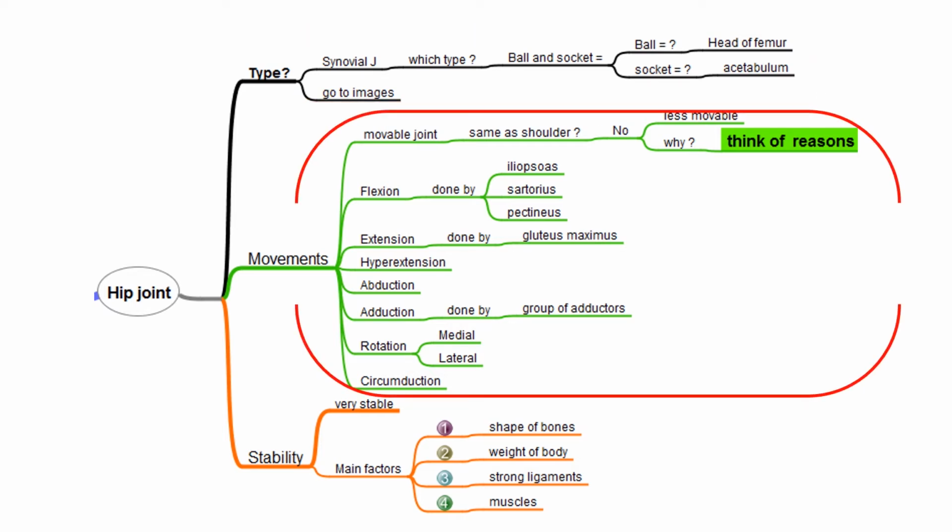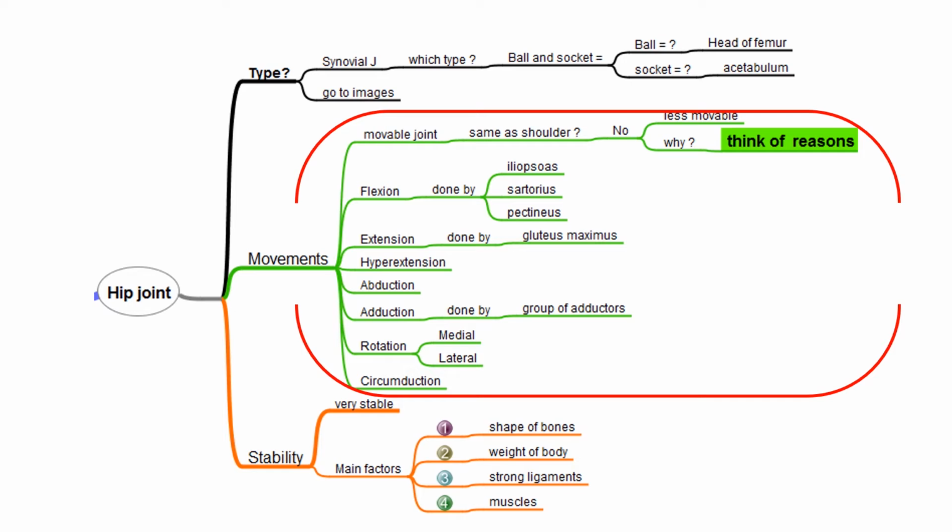The next idea is movements. As we can see, the hip joint has lots of movements because it is a ball and socket joint, and this is the type of joint that has lots of movements. Is the hip joint the same as the shoulder?